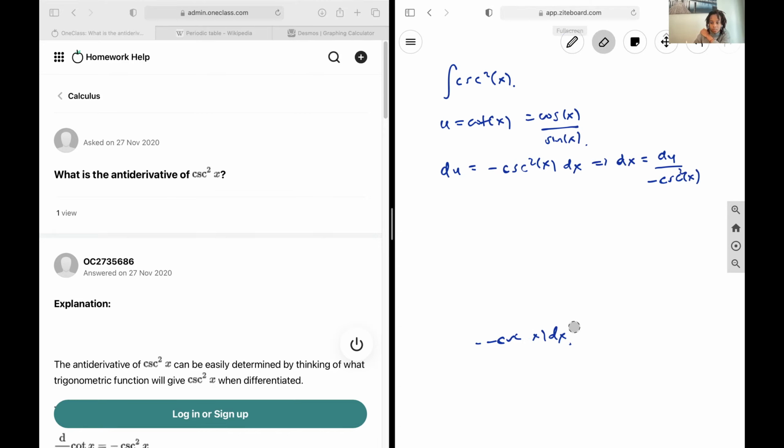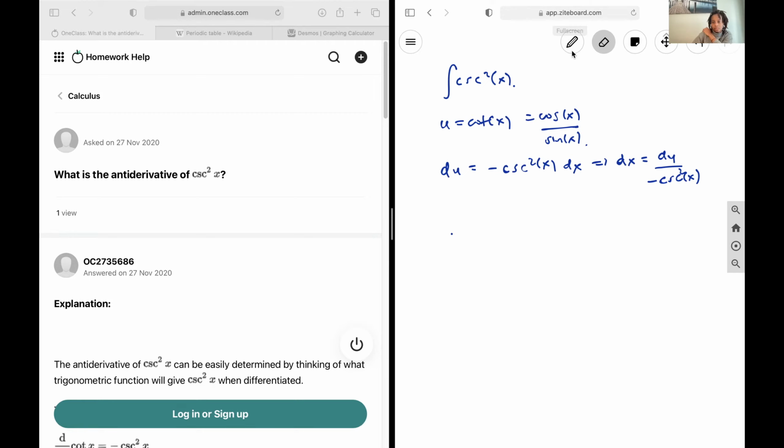Yep, and so clearly here we can see that we are getting it into a form of du over f prime x, and so these two will cancel.